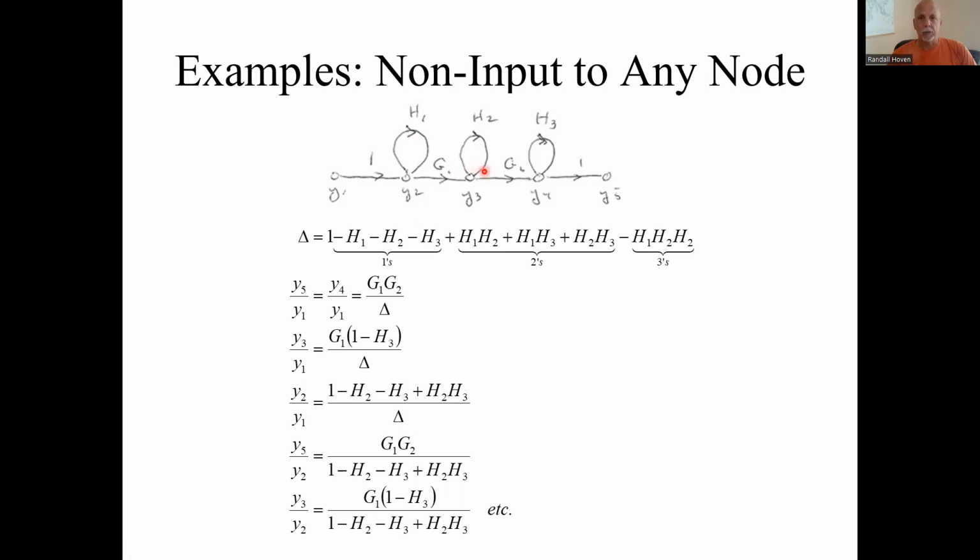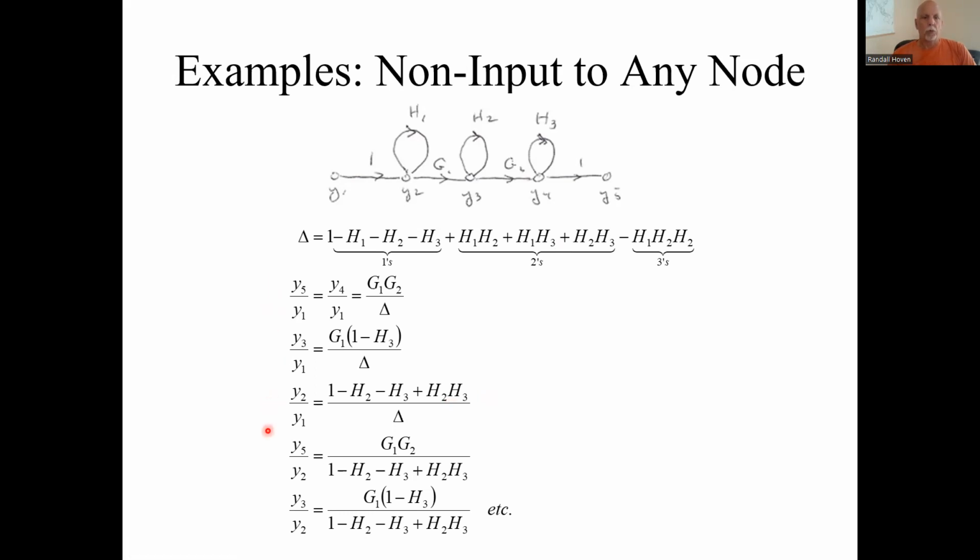I have to subtract off the 2 individual loop gains, which are H2 and H3, and then add the pairs of non-touching. Remember, this is Y1 to Y2. It only goes to there. It doesn't touch either one of these guys, and these guys don't touch each other. So I add the product of the gains, the pair of loops, H2, H3.